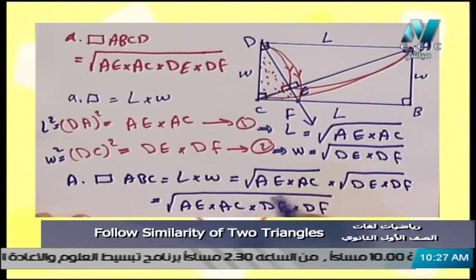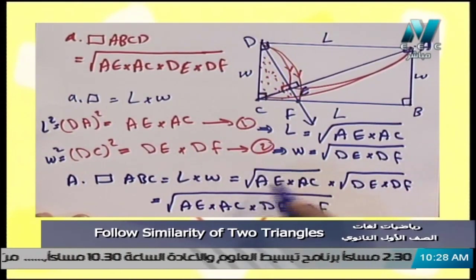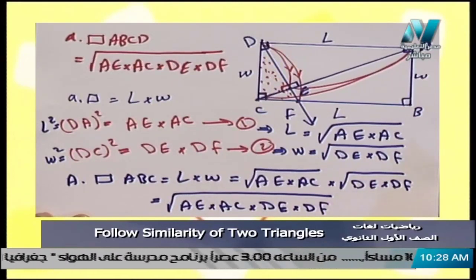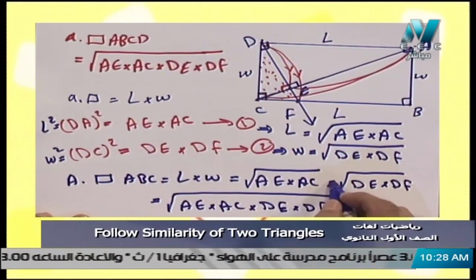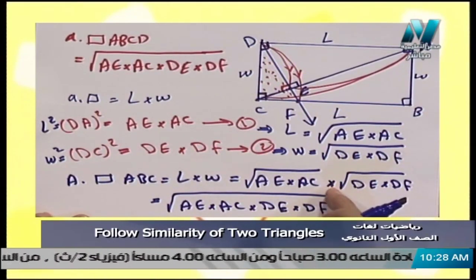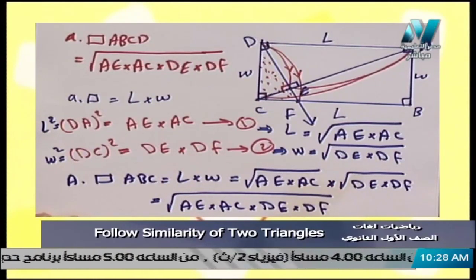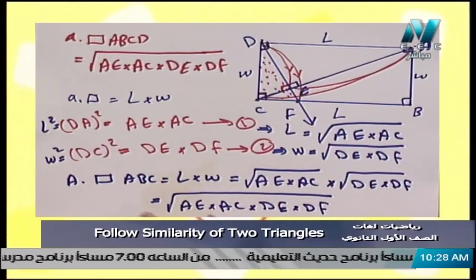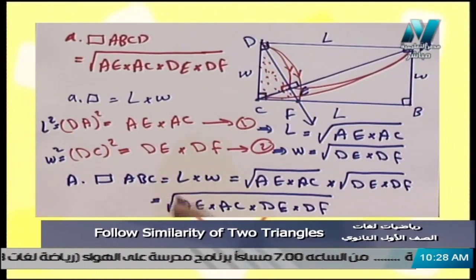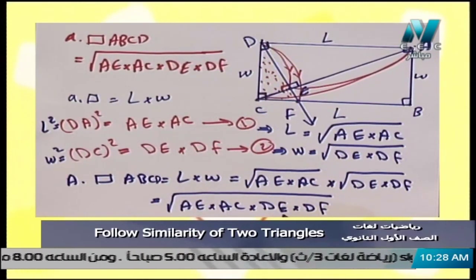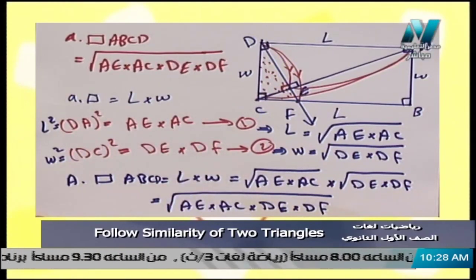We notice that we join all these numbers in one square root. From the properties of square roots, if we multiply them, we can join them in one square root. So we can prove that the area of rectangle ABCD equals square root AE multiply AC multiply DE multiply DF, which is the proof of the area of the rectangle.